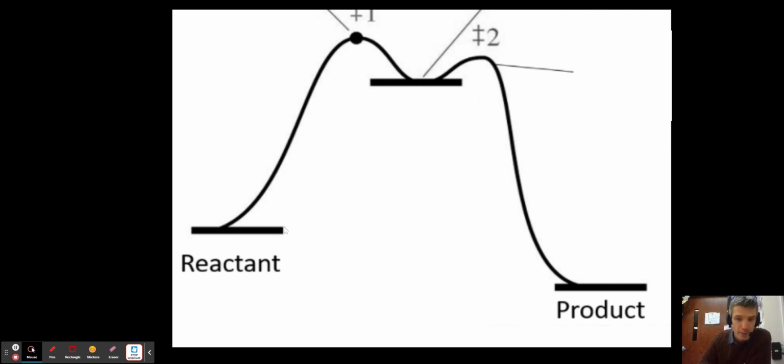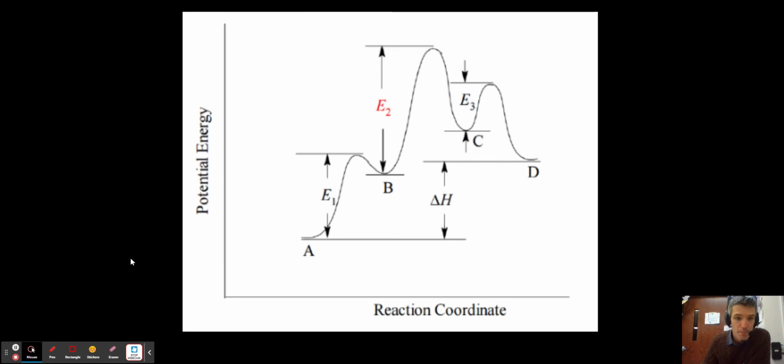Overall reaction, wait a second. This one. Overall reaction, endothermic, start to finish, definitely gaining energy. First step, endo. Second step, endo. Third step, exo. Slow step, second step. Rate determining step, probably the second step.